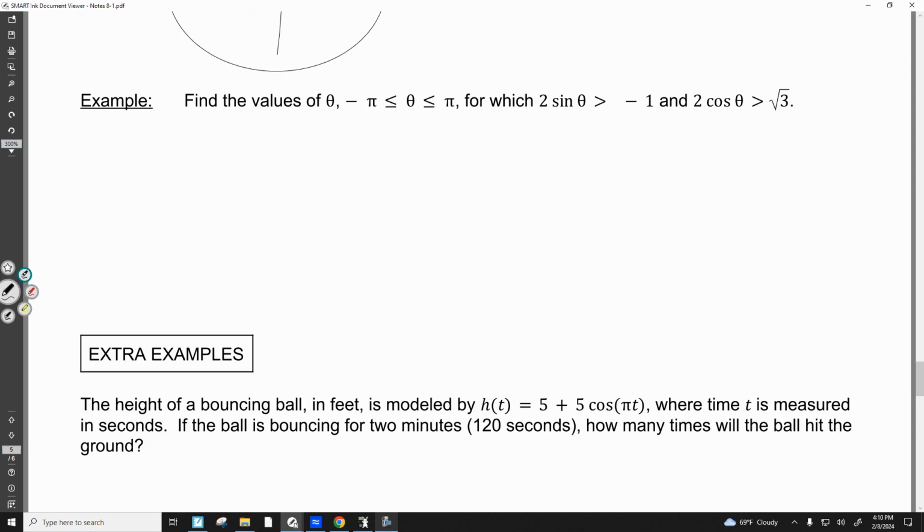All right, so this guy, we've got two different inequalities. But we're going to solve them the same way. Okay, let's just do them separately. Let's think about the sine being bigger than negative 1/2 over here.